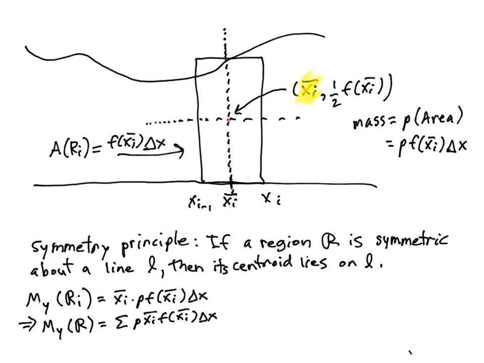Now, of course, this is actually an approximation, because if you want to be exact, you take the limit. What happens when you take the limit as the number of partitions goes to infinity? You get the definite integral. And so for My, we get that it's equal to the integral from a to b of rho x f of x dx. So all I did was take this and write it as an integral instead. That would be the moment with respect to y.